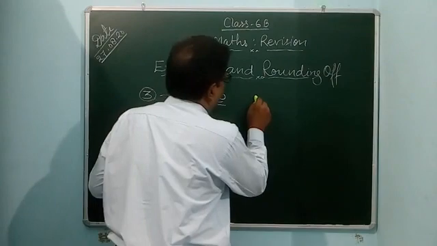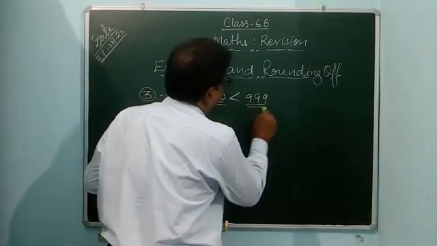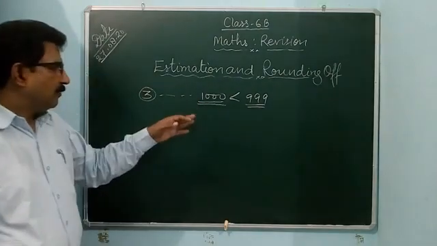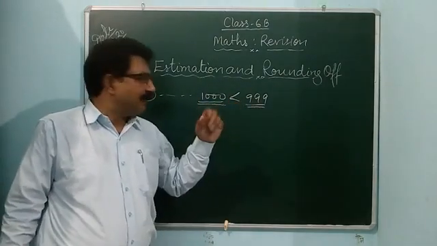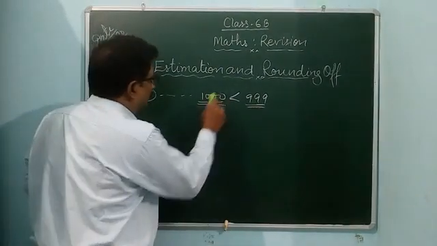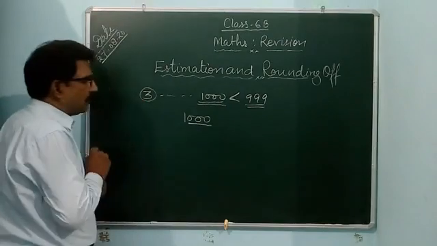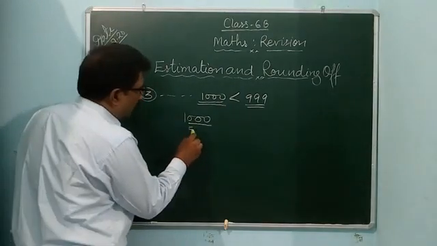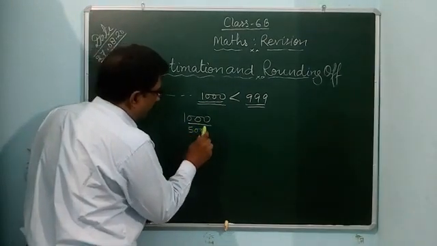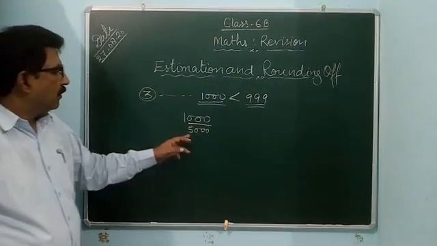Just less than 1000 is 999. Here, for the 1000 place value, we take 3 digits.